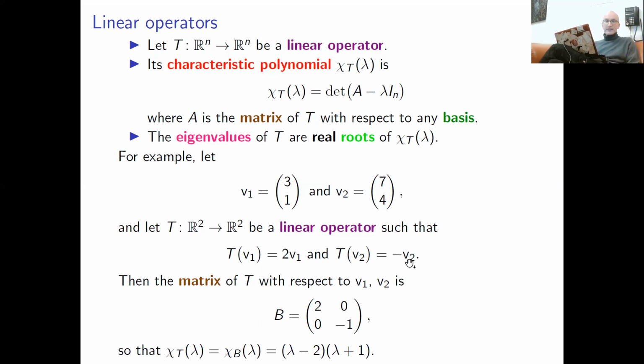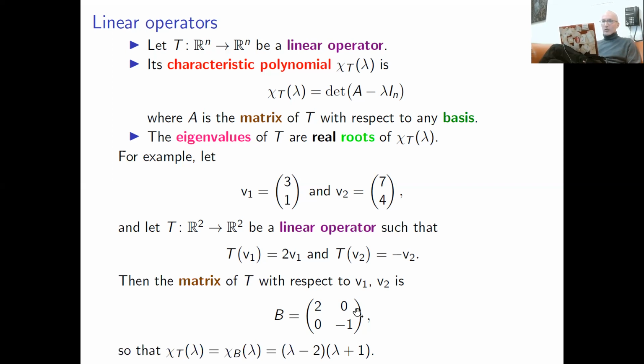So its matrix with respect to this basis is diagonal. Then I can compute its characteristic polynomial, which is basically the characteristic polynomial of this matrix. If I were only allowed to use standard matrices, I would have to make a lot of computations to compute this characteristic polynomial, and the result is going to be, of course, the same.